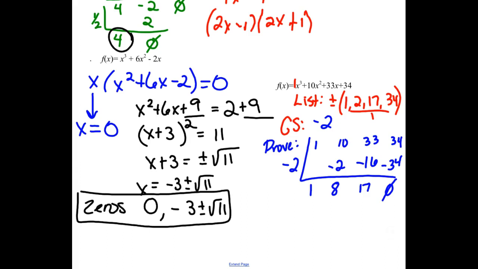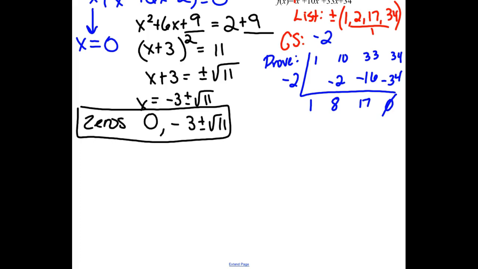What we have left now is x squared plus 8x plus 17, correct? Is that factorable? Okay, so we need to solve it using another method. We do have a middle term, so we can't simply square root both sides. So quadratic formula or completing the square are your 2 options. Okay?